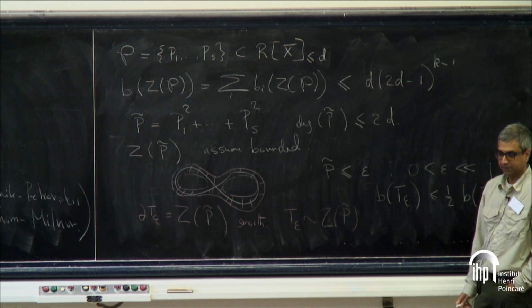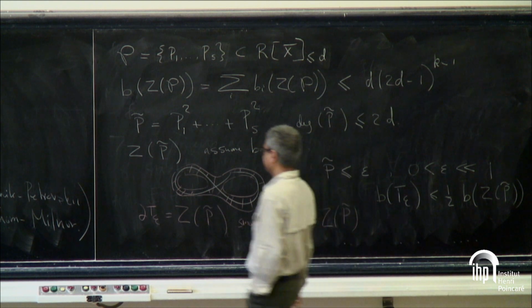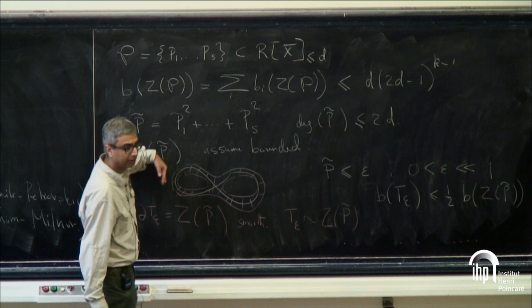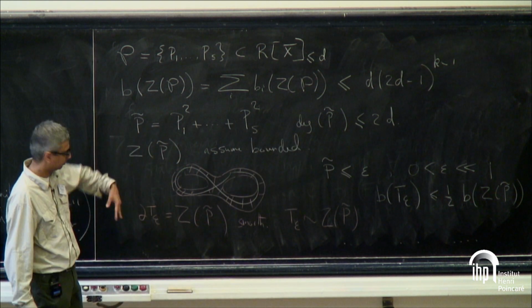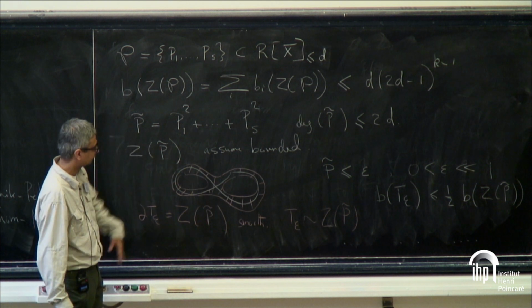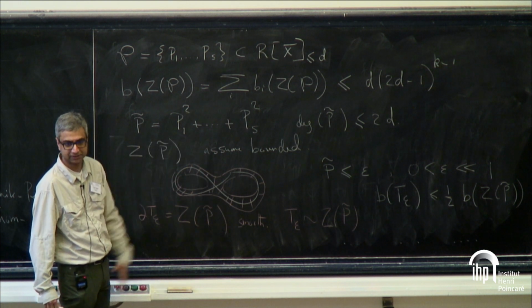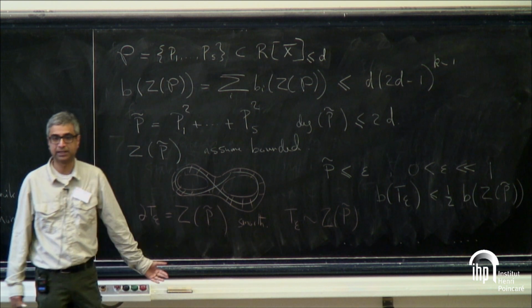And in order to bound now the Betti number of Z of p tilde, we use Morse theory. So if you take a generic linear function, it would be Morse on this hypersurface, and you count the number of critical points.